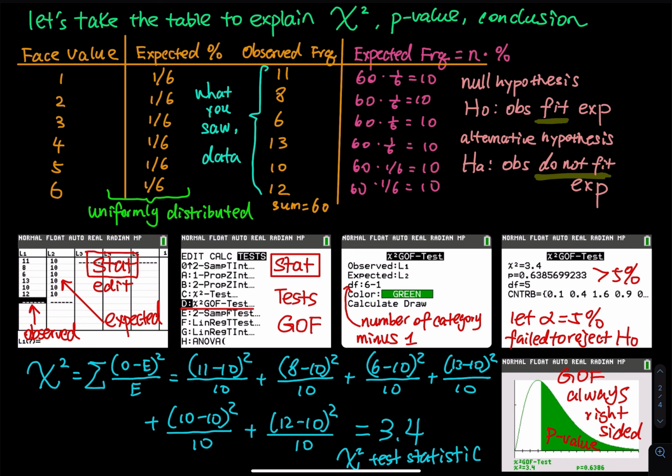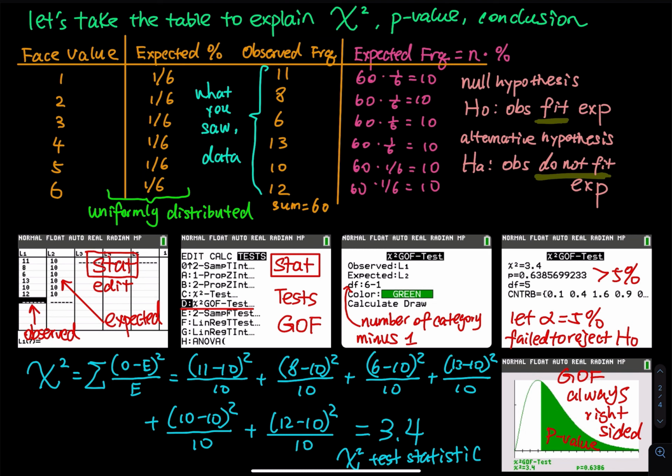The one above is the chi-square test of independence, which is another kind of chi-square test. So GOF, goodness of fit. You hit ENTER, and then it will ask you for the column for observed and the column for expected. I put observed in L1, expected in L2, and then the degree of freedom, how many categories?